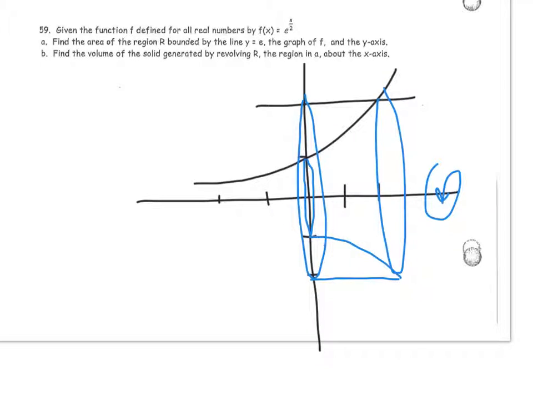I'm going to go ahead and I want dx's, so I'm going to use washers in this situation. So I'm going to put a representative washer in here. Something like that.